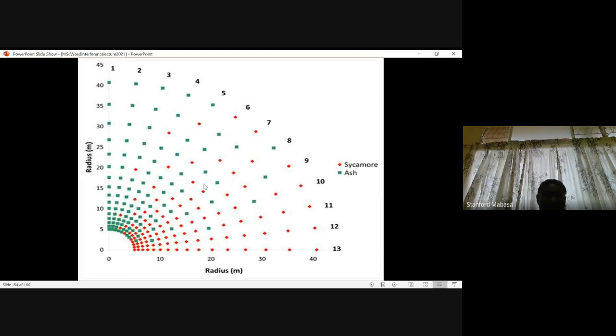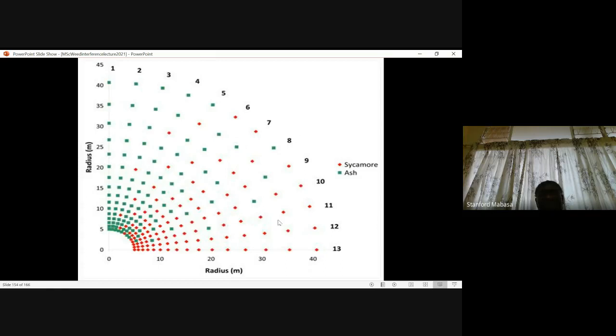Here we've got a mixture of two types of trees, sycamore and ash. The sycamore has the red, brownish squares, and the ash the black squares. As you approach the center, it's now dense. We expect smaller biomass production inside here.